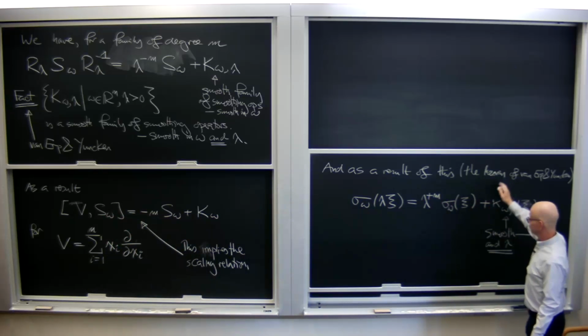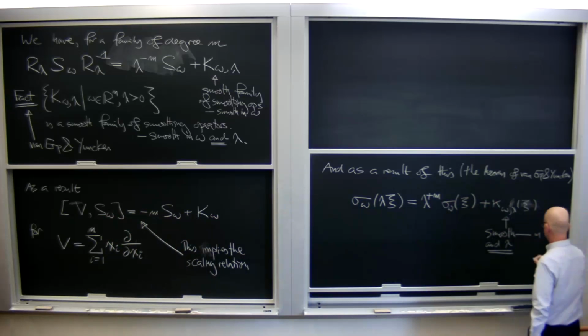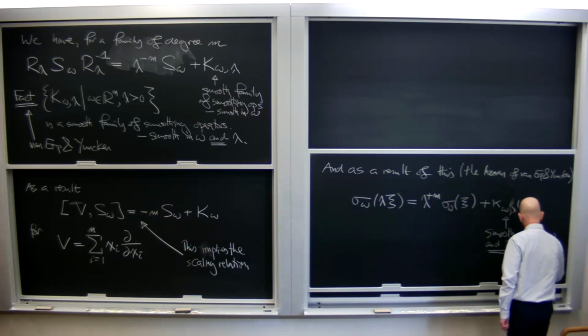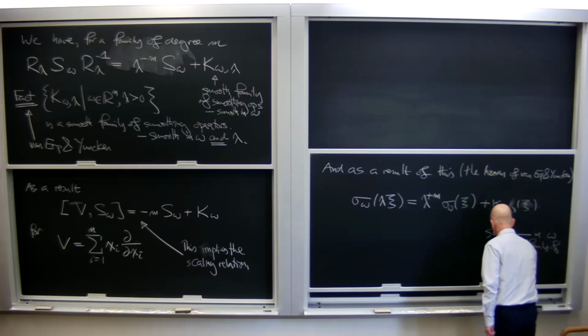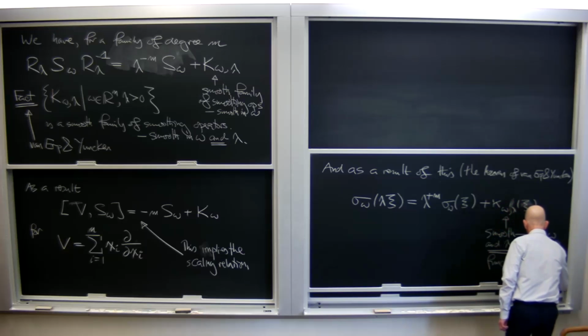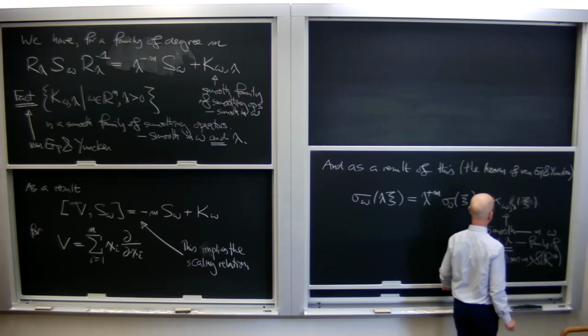So this is what the Baire category theorem buys us. A smooth family of functions in the Schwartz space of Rn, or smooth family of Schwartz functions.